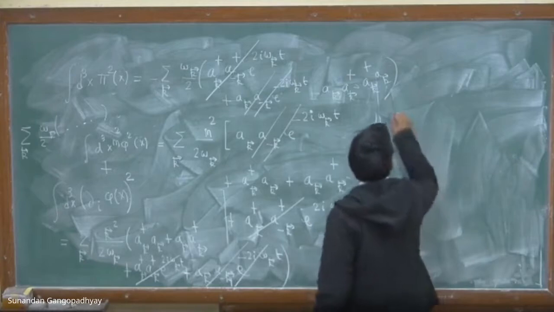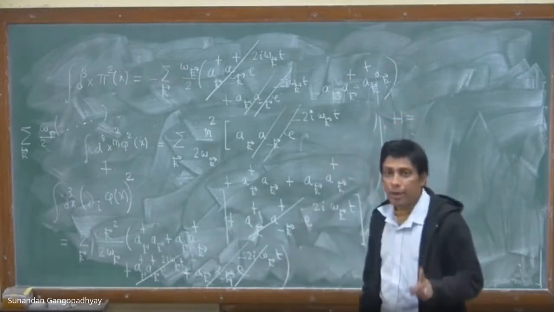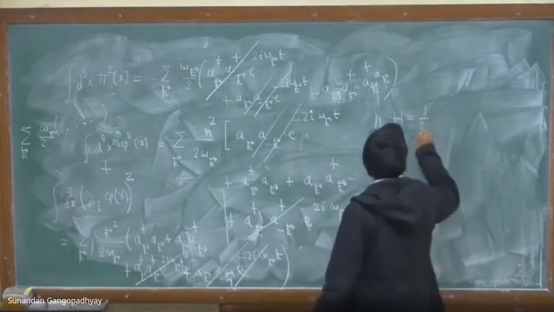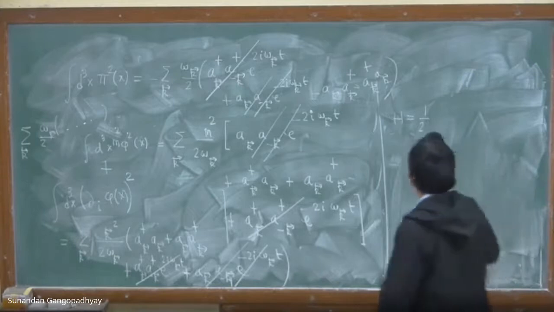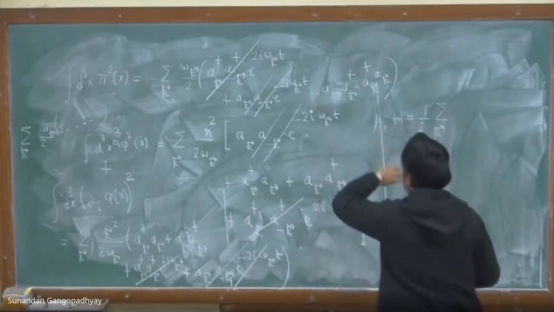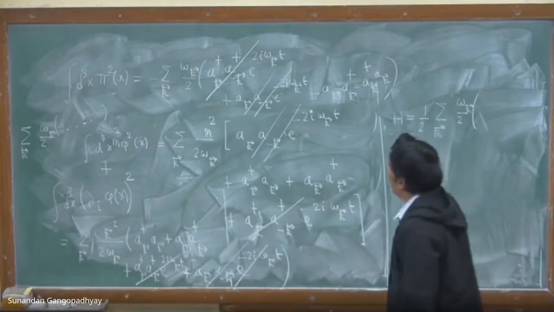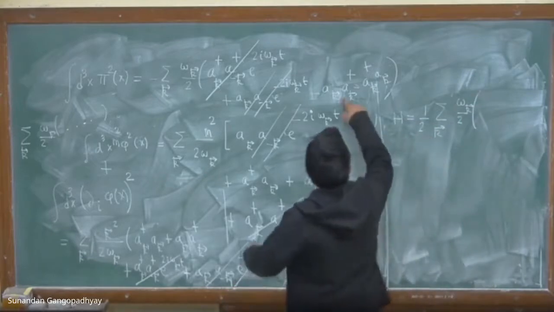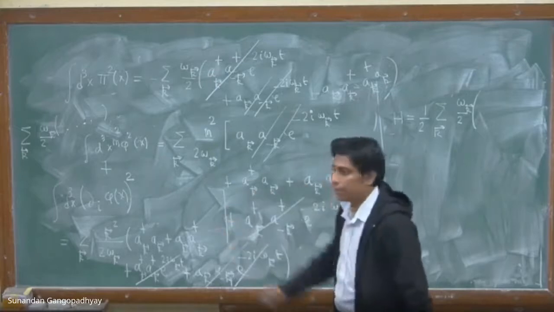We get the Hamiltonian operator will come out to be, remember you have to divide by a factor of 2, so I just keep a factor of 2 outside. And then we have summations over k vector. Then we have omega k by 2. And all these terms, this term and this term will get added with this term, all the other terms.